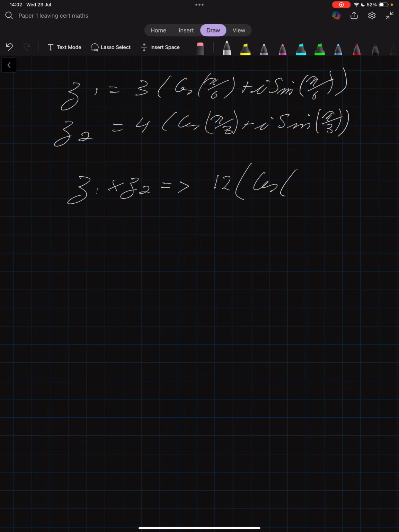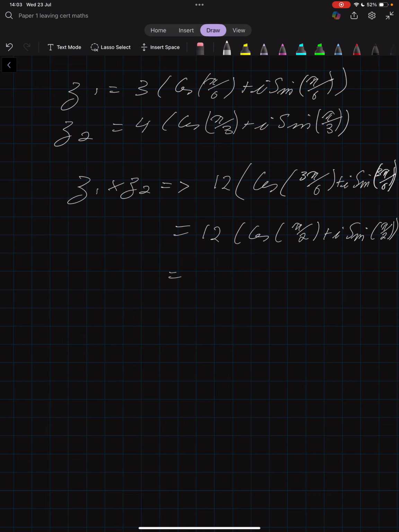It's the cos, so again you add the angles, so pi over 6 plus pi over 3, that's pi over 6 plus 2 pi over 6, which is 3 pi over 6. Which is equal to 12 cos pi over 2 plus i sin pi over 2.